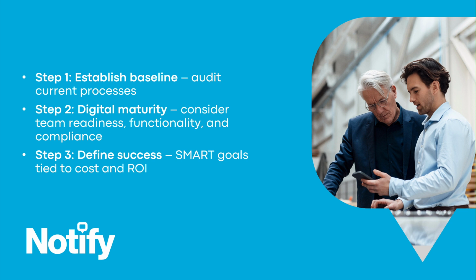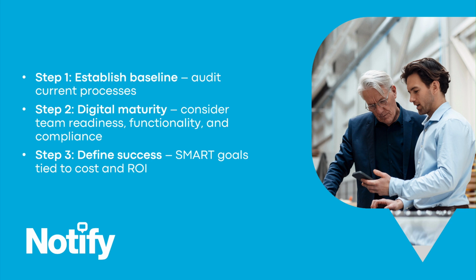Step 3, define success. Finally, you need to set clear success criteria. Ask yourself, in 12 months' time, how are we going to know whether this project worked or not? For example, do you want to see better engagement from frontline staff? Do you want to see increased reporting of near misses and safety observations?